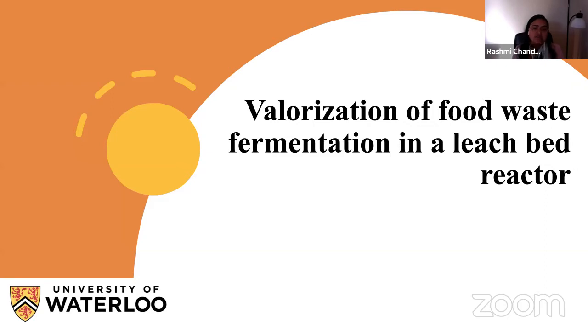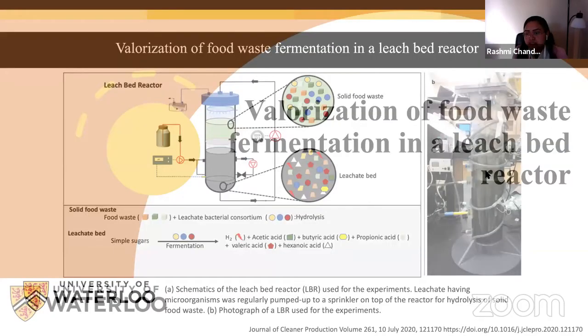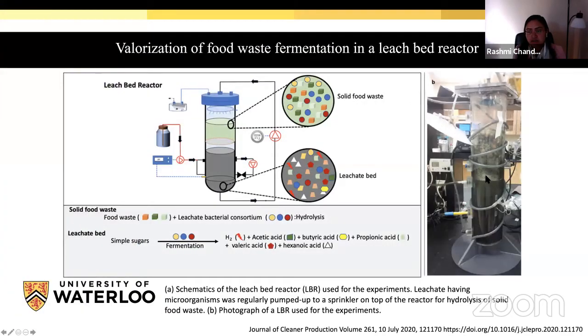Basically, we try to produce bioenergy, and we try to decrease the solid content. In food waste, how can we decrease or minimize the whole solid content? On the right-hand side is the reactor, how it looks. At the top there is a bucket and a sprinkler, and at the bottom is the leachate. So this is the reactor diagram.